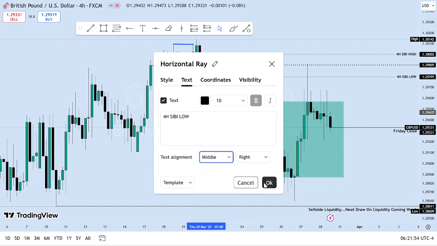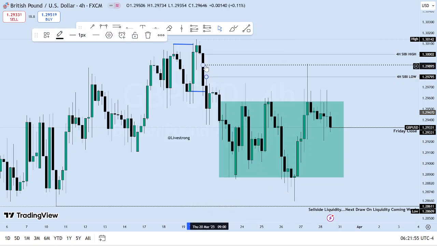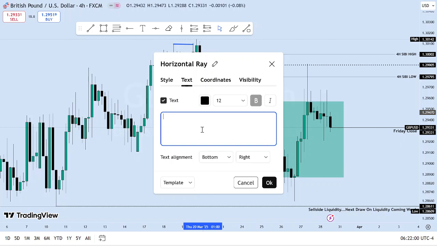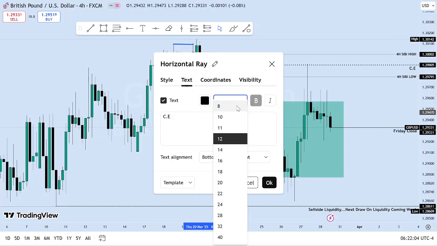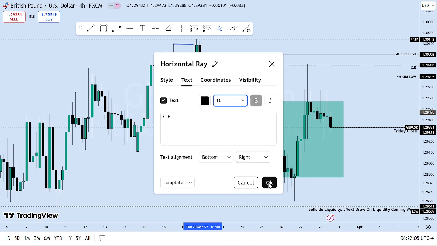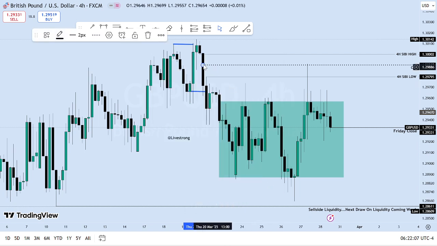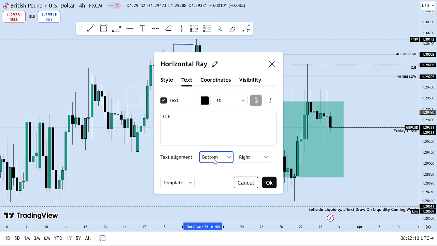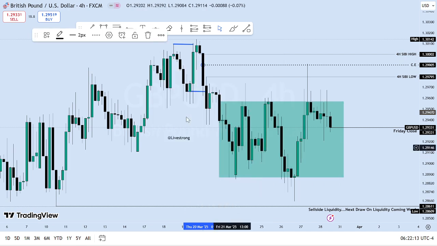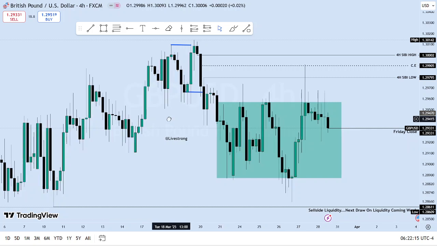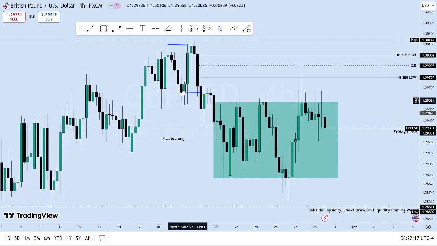Then the middle, the consequent encroachment, which is the 50%. That's the consequent encroachment. Place it at the middle. That's how I like to annotate mine, or you can choose to annotate yours any way.